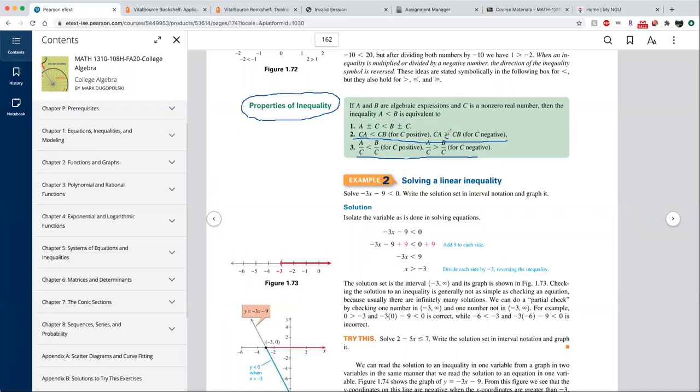You see that? That was less than, but it changes to greater than. Keep in mind this.